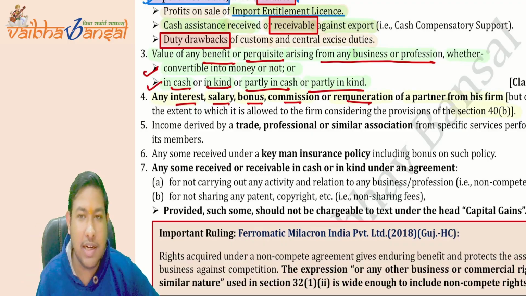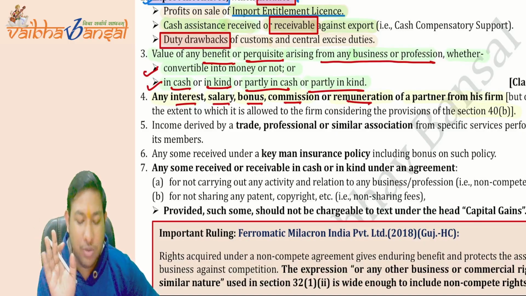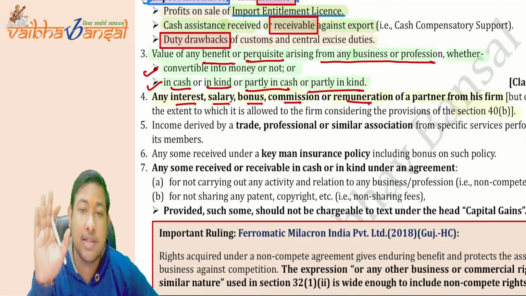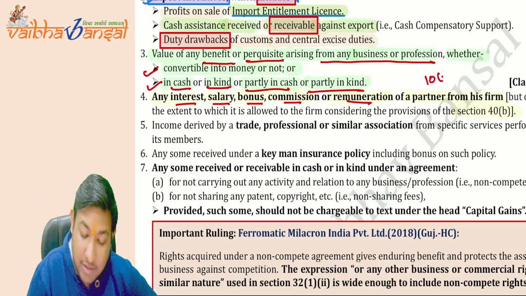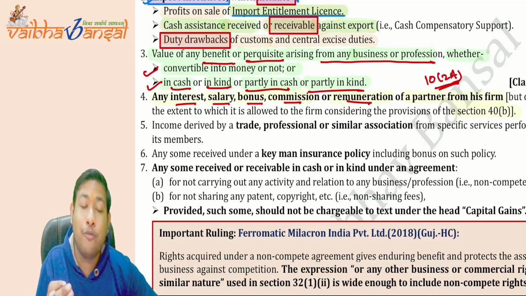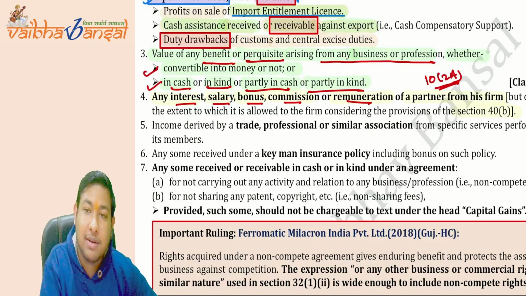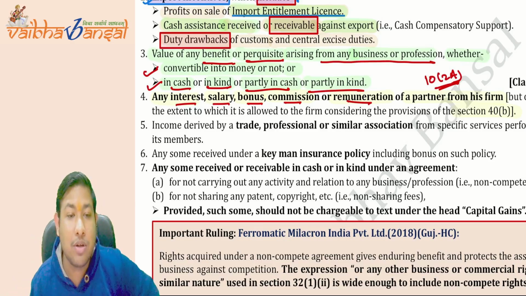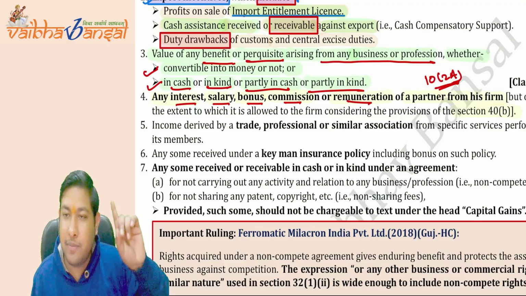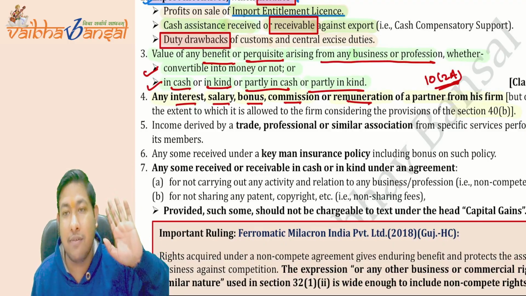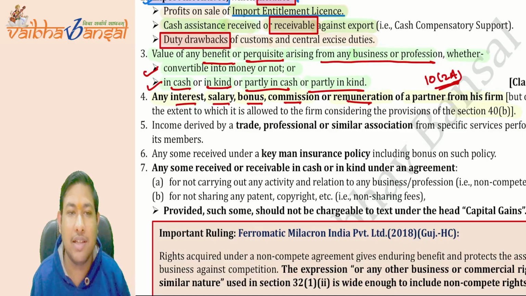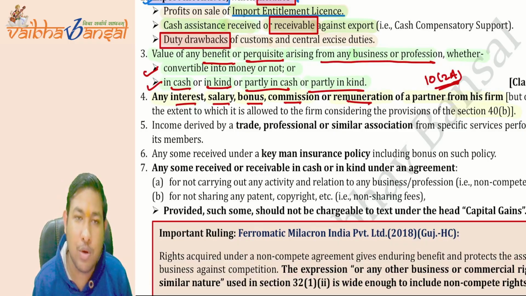You will get to know in the later part of the chapter, but you might have heard this point earlier as well, or in your articleship, that there is a section called 10(2A). It says that profit received by a partner from his firm is exempt in the hands of the partner, because it is taxed in the hands of the firm itself. So the profit is exempt in the hands of the partner because of section 10(2A). That is why the word profit is not written here. I hope it is clear.